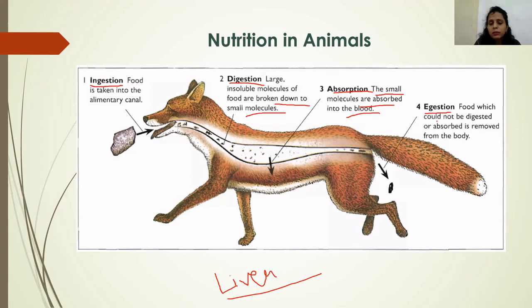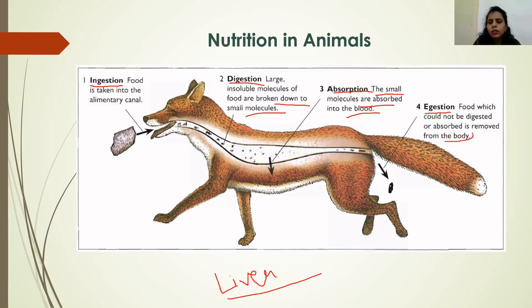This roughage cannot be digested by the body. So this roughage is undigested food, and it is removed from the body in the process of egestion.